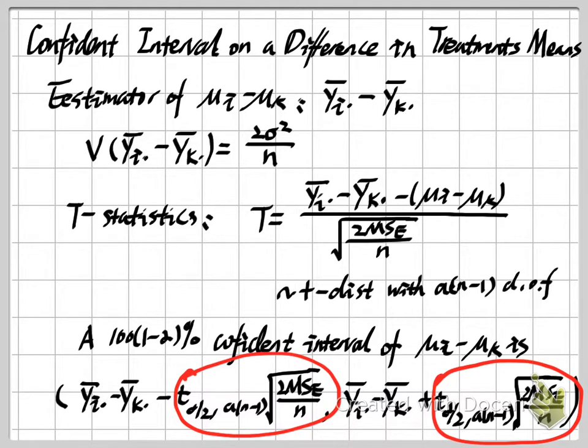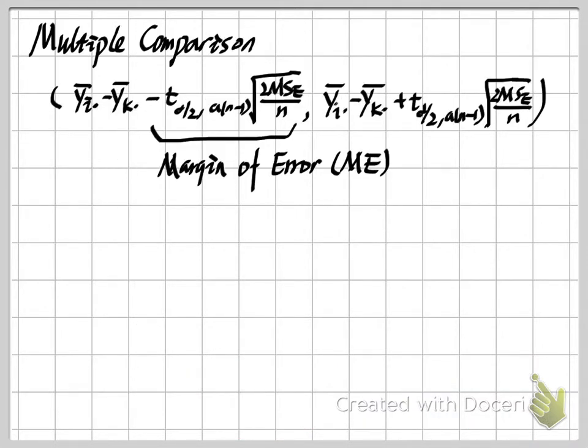If you look at my previous video about the confidence interval, you should know we have a very specific name for this term. In general, we call this the margin of error, denoted by ME. However, in multiple comparison we have a special name for this.